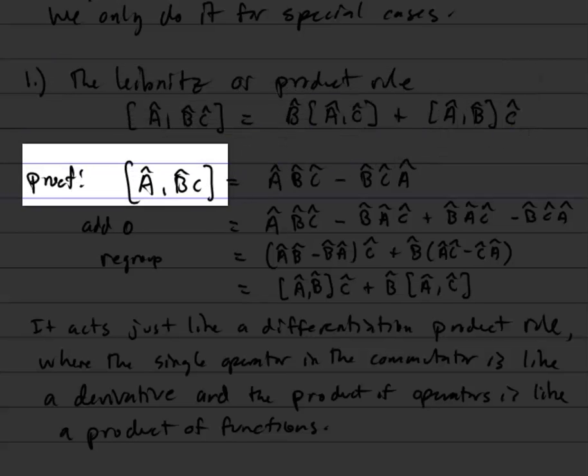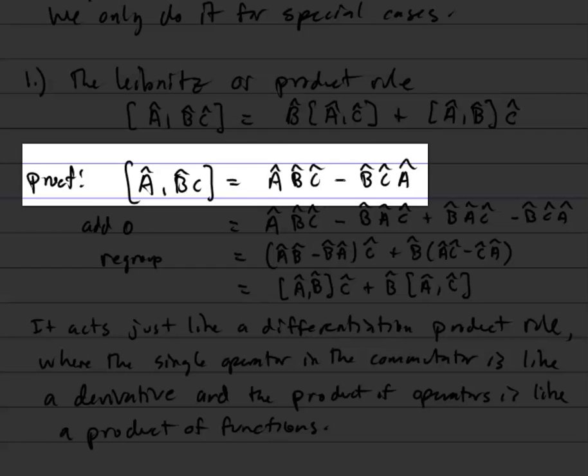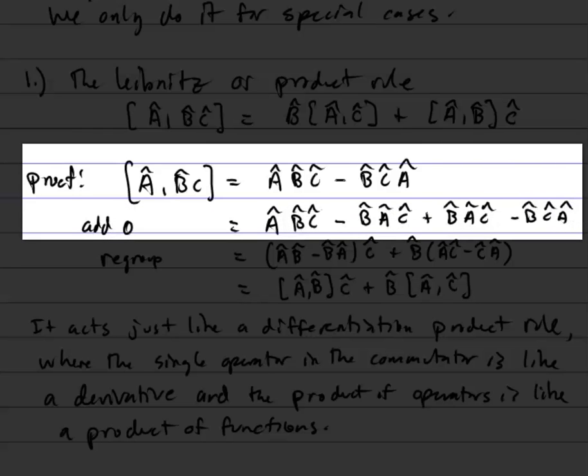Well, we just use the add zero trick. So let's start off with writing down what the commutator of A with BC is. It's ABC minus BCA, and then we add zero. Now, as always with the add zero trick, which is doing nothing, you're just adding zero to your expression, you have to pick the right add zero to add. And in this case, our add zero is going to be minus BAC plus BAC.